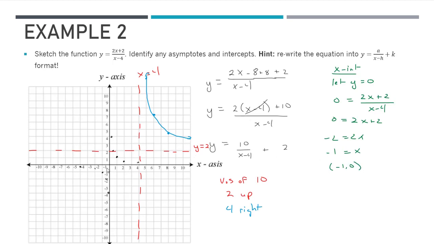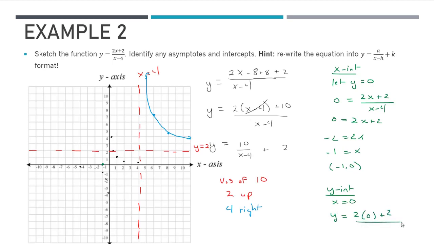So we can plot that. Negative 1 comma 0. And for my y-intercept, that's where we're going to let x equal 0. I'll use my original. Again, I think it's kind of safer maybe. If I made a mistake somewhere, I'll catch it, hopefully.